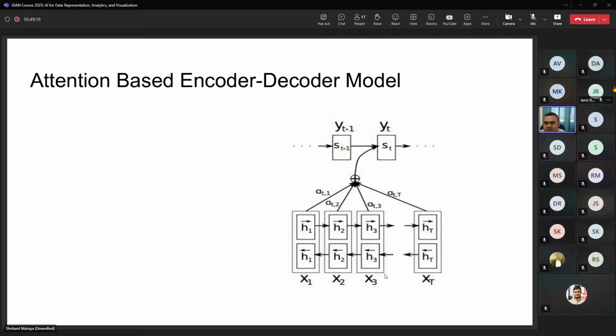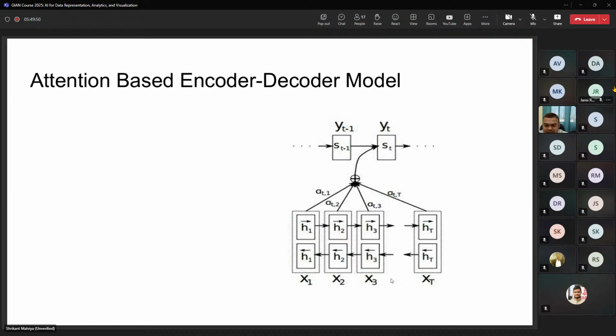For generating the third word, we not only look at the two words which have been generated, but also look at the source sentence again to see if there is any particular information that can be utilized for generating the third word in the output sequence. So every generation must look back at the source sentence and get some useful information, and that is actually called attention. And it is very beautifully applied in the transformer model.